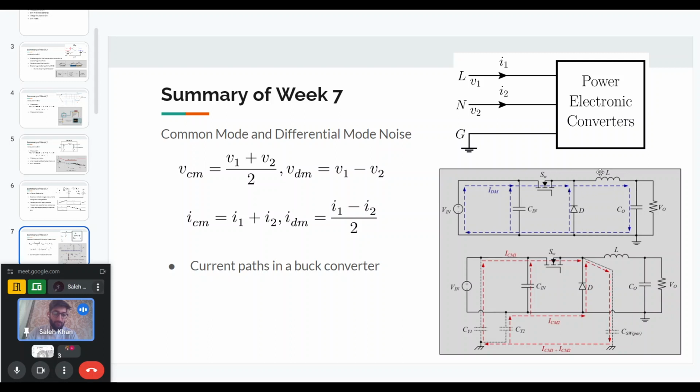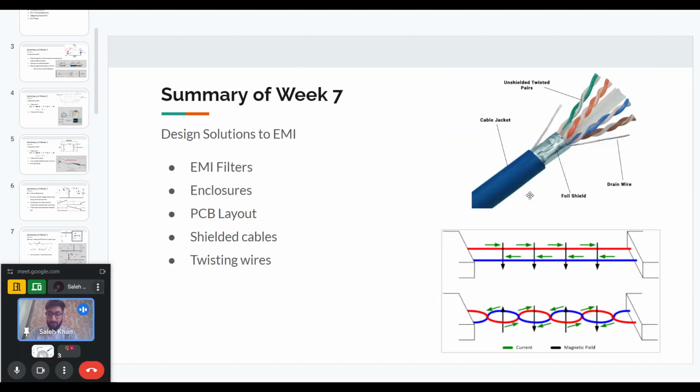Similarly, we want to keep this away from sensitive portions of the circuit like the gate signals or the control signals. This is done in the PCB layout. Similarly, we have high frequency currents in this loop of the circuit, so we want to minimize this loop so that the parasitic inductances will reduce. All these aspects should be taken care of in the PCB layout.